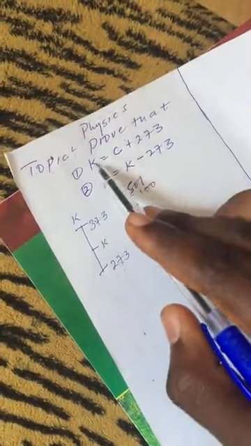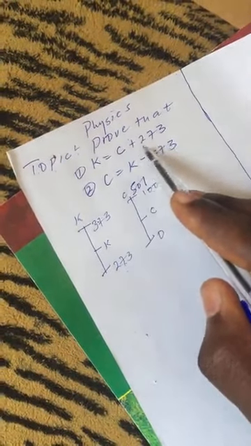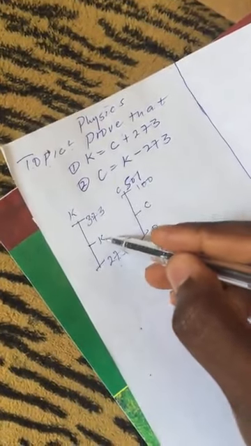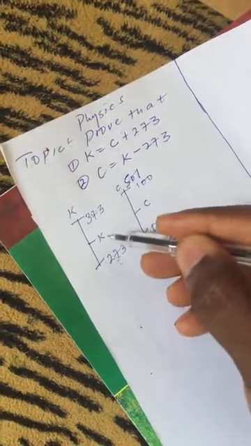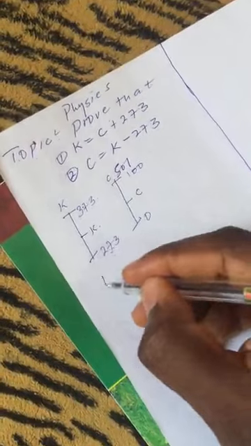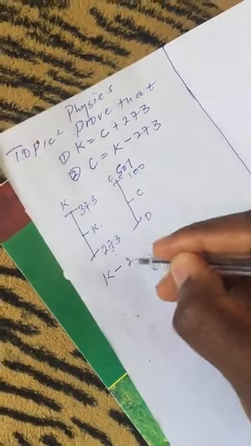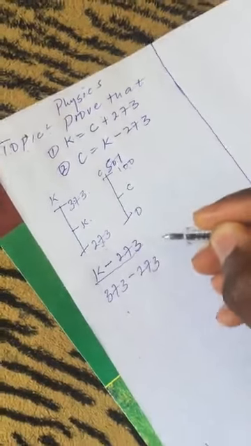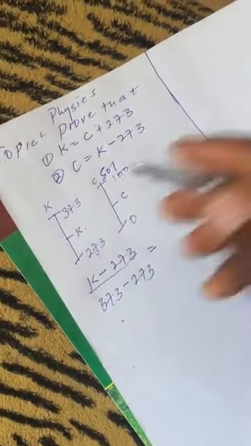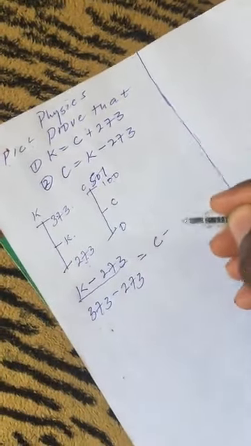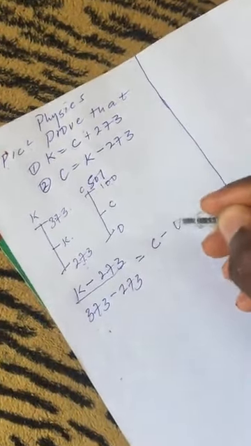We want to show how K becomes C plus 273. Don't forget that is our center of focus. Now what we do, we use the fundamental interval. We subtract the lower fixed point from the value, and the lower fixed point from the upper fixed point. That is to say, we have K minus 273 over 373 minus 273, and the same goes for the Celsius scale, which is C minus 0 over 100 minus 0.